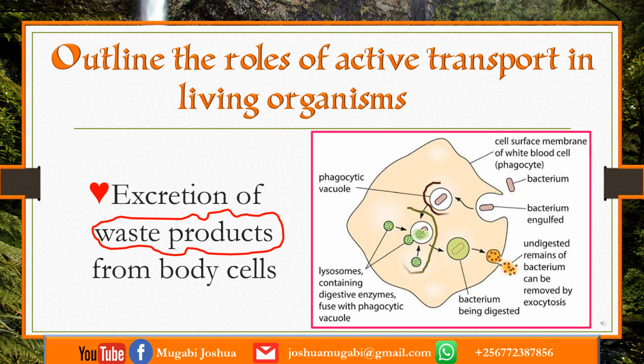This phagocytic vacuole is met by lysosomes containing digestive enzymes, which fuse with the phagocytic vacuole, and then the bacterium is digested, and after that the undigested remains of the bacterium can be removed by exocytosis. Exocytosis and the engulfment of phagocytosis, all those processes, require energy. So active transport is involved in the excretion of waste products from the body cells.